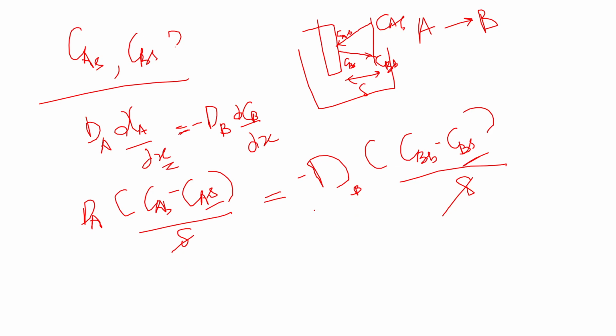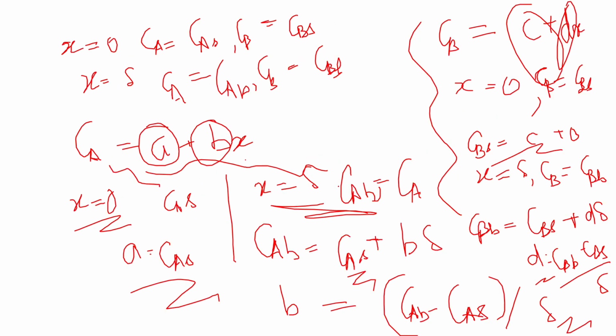Yes, tell me. dA dou A, you have written CAB minus CAS upon delta. So that is B equal to that. Earlier it was written B equal to this one. I didn't get you. You have written B is equal to CAB minus CAS upon delta.